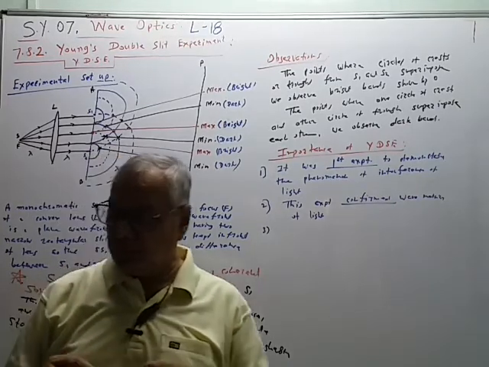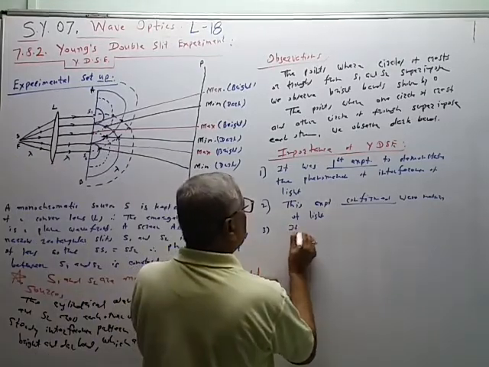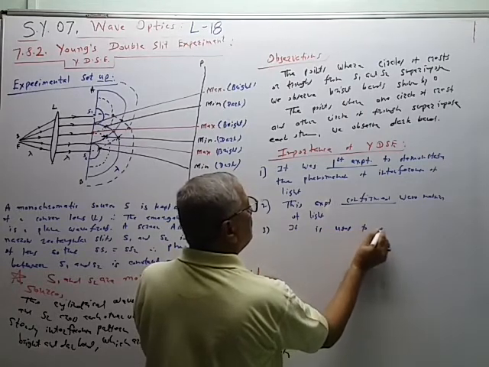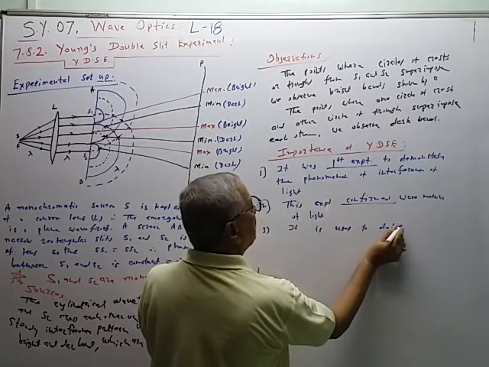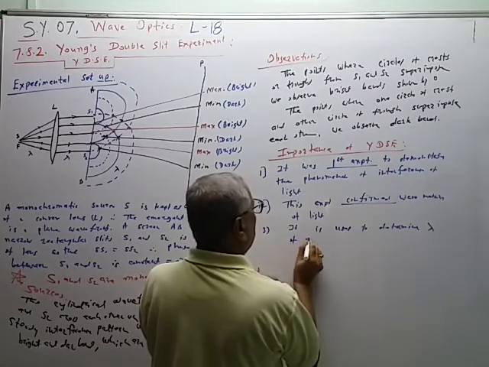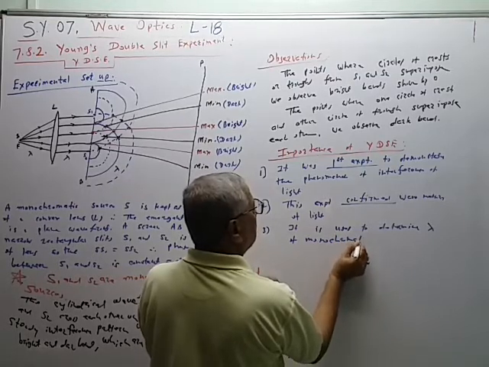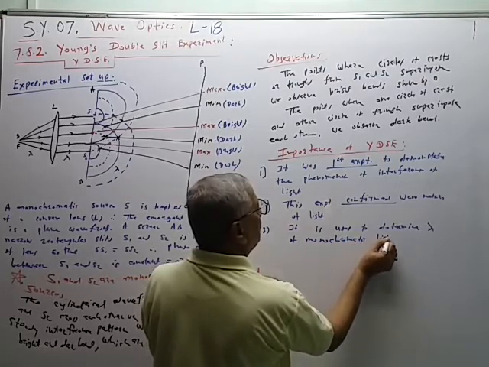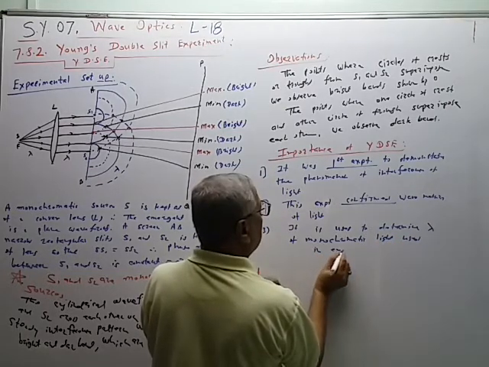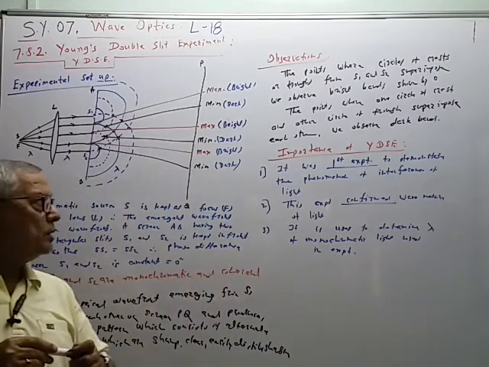Third, even though nowadays we can use other methods, this experiment is used to determine the wavelength lambda of the monochromatic light used in the experiment. So these are the 3 points of importance.